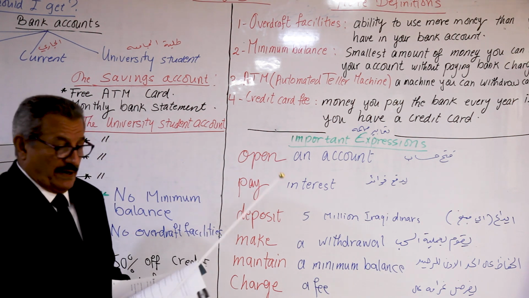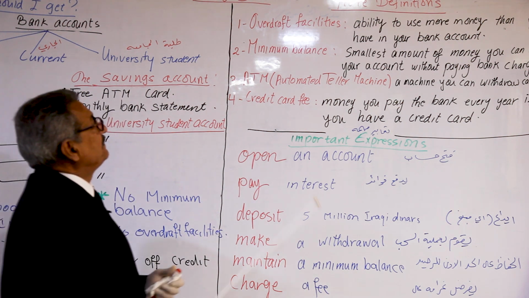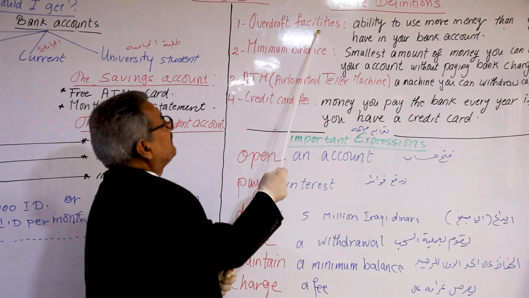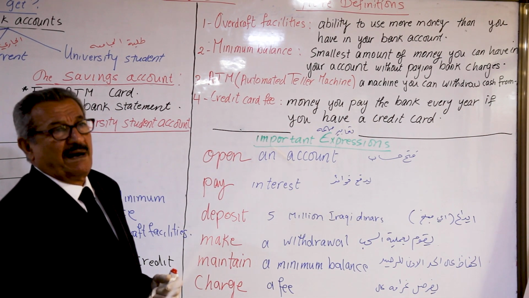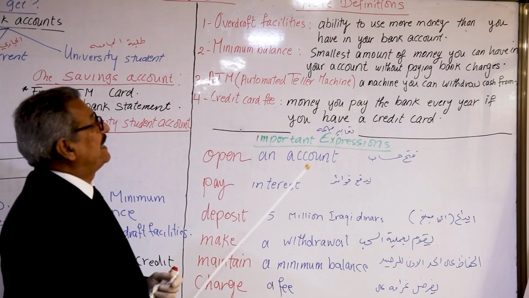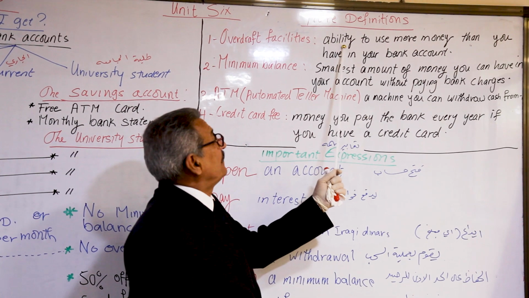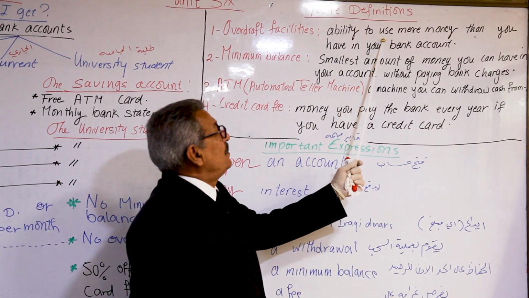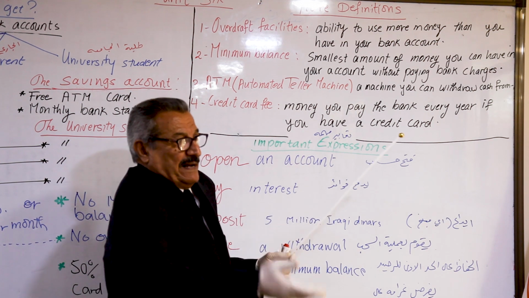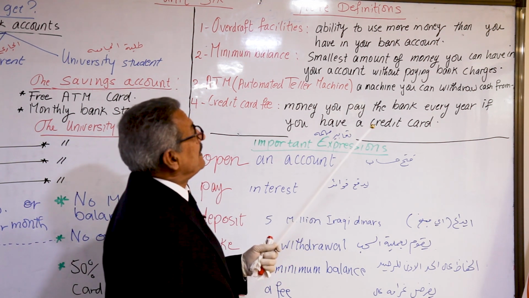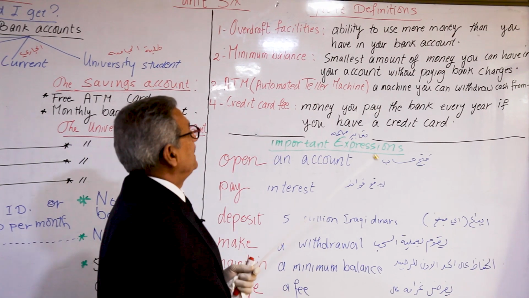Well, now we have more definitions. Overdraft facilities (اللي هي سحب مبلغ أكبر من الرصيد). We can define it: ability (القدرة) to use more money than you have in your bank account (أكثر مما لديك في حسابك المصرفي).